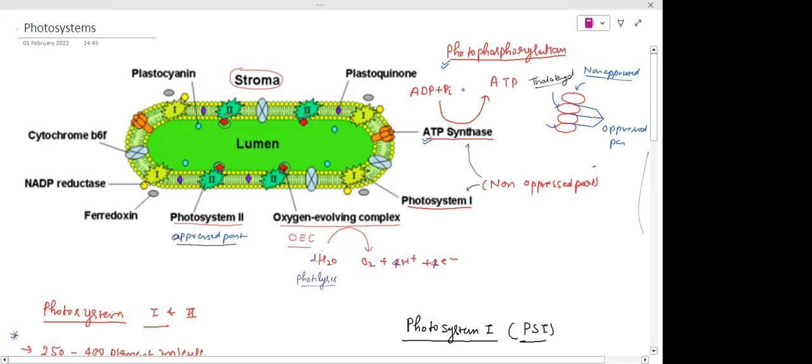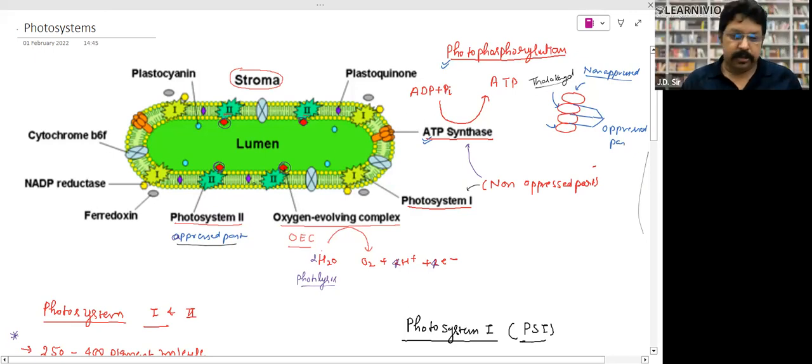Yes, sir. Sir, can you please repeat? Yes, sure. These are the appressed parts. What are the appressed parts? Those parts which are in contact with another thylakoid, right? They always have photosystem second. Along with photosystem second, you will always see the oxygen evolving complex, OEC.